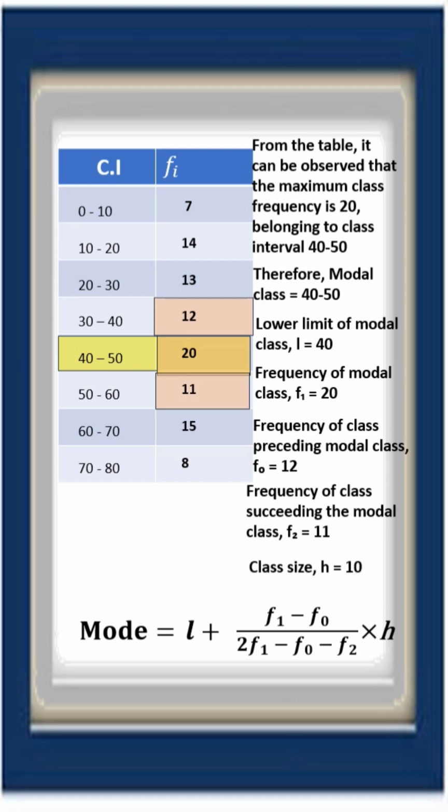Class size h is equal to 10. Now let us substitute the values. L is 40, F1 is 20, F0 is 12, 2 into F1 is 20, F0 is 12, F2 is 11, h is 10.